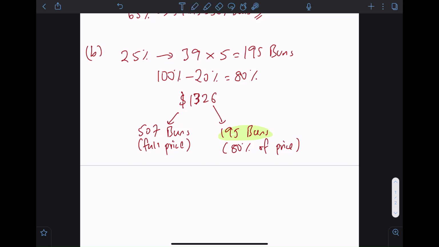Now, the way to do this is you can actually employ a unitary method, because for those 507 buns, each of them, you are paying 100% of the price. If you add 195 buns multiplied by 80% of the price, you will be able to get the full amount. So what is full price? Full price means it's 100%. What is discounted price?